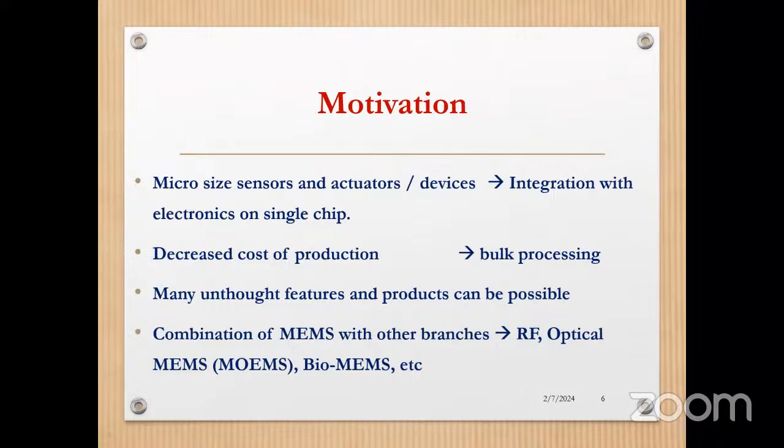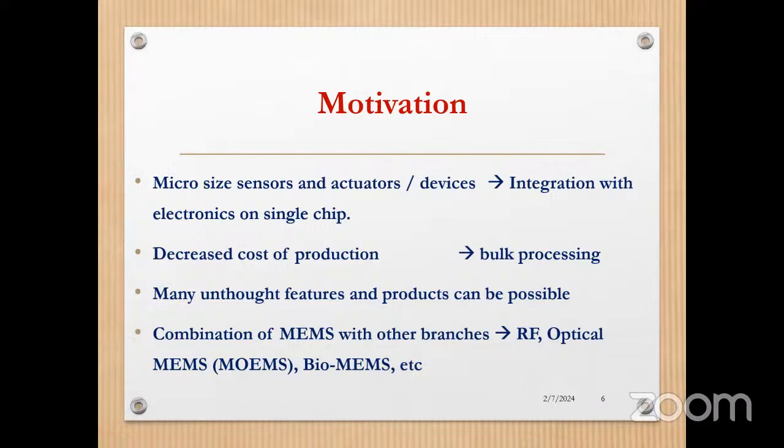So to have these devices, what are the motivations that have to be there? One main important thing is the integration with electronics on a single chip. So I need to have everything on a single chip. A mechanical action, a wafer or whatever it may be, a switch, an amplifier, everything fabricated on a single chip using a single material.